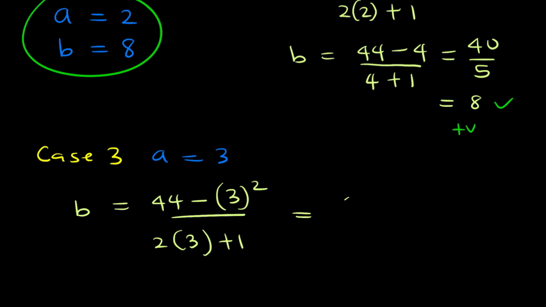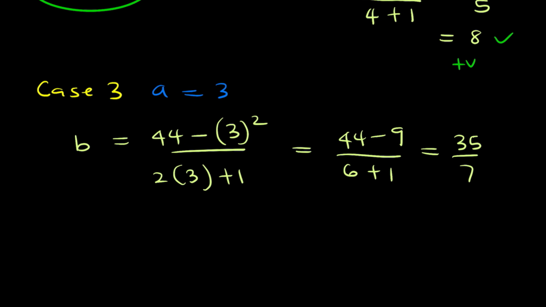So this gives us 44 minus 9 divided by 6 plus 1, which is 35 divided by 7. And 35 divided by 7 is equal to 5, meaning that this case also is acceptable because it is positive and it is an integer. So for this we say a is 3 and b is 5 is also acceptable.